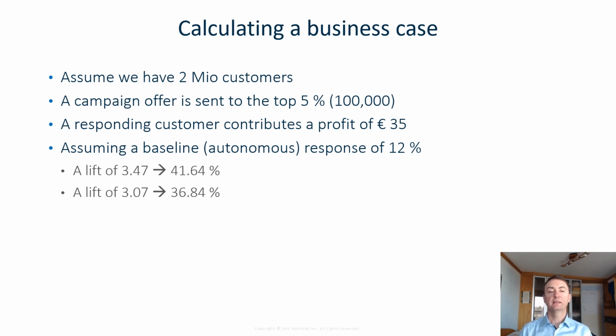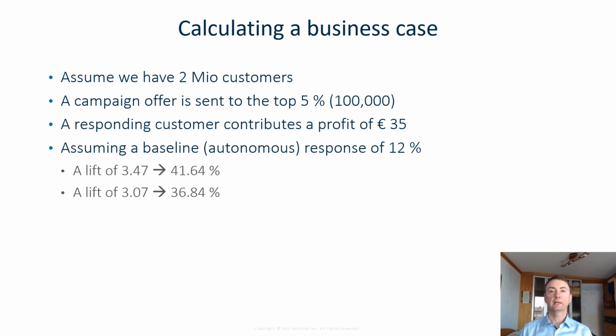So the difference between these two models is 4.8% in response rate, meaning that of those customers we are talking to in the top 5%, we miss 4.8% of responders.